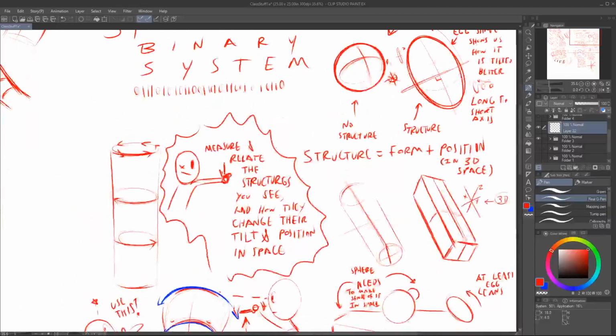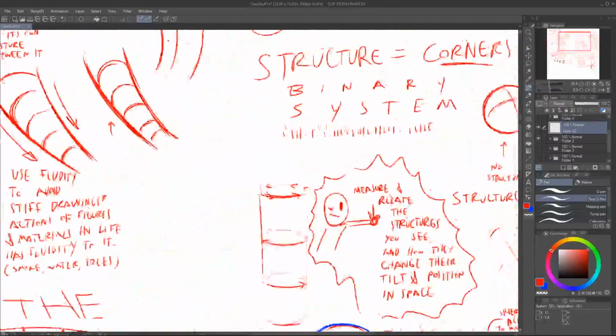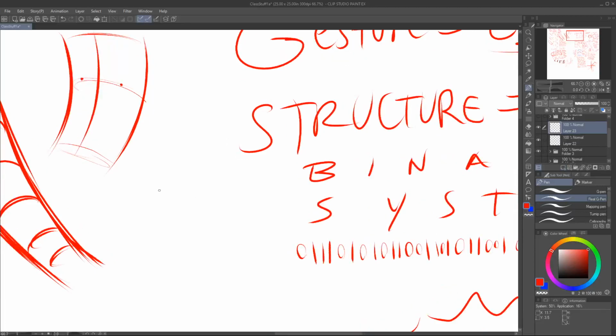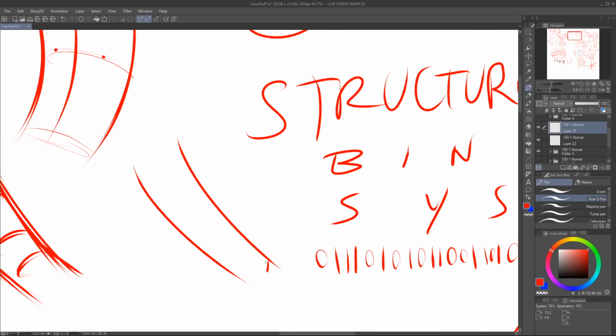And we've seen some examples of what that means, especially the forearm, which is a great example of that. So what's gesture here, and what's structure here, rather?